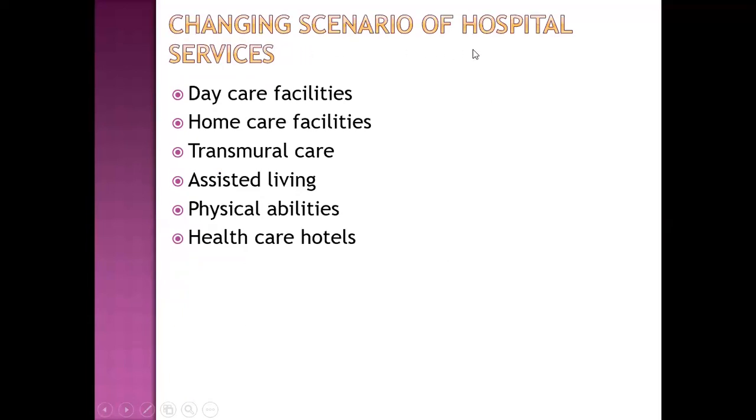These are the changing scenario of hospital services. Nowadays, more emphasis is there on daycare facilities and home care facilities, including transmural care, assisted living, physical abilities, and healthcare hotels. This is the concept nowadays of hospital industry.